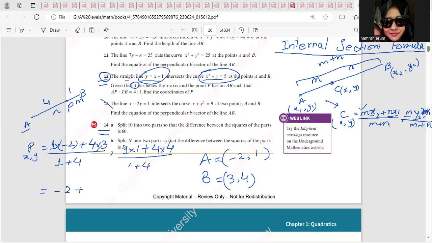Minus 2 plus 4 into 3, 12 over 5, comma, 1 into 1, 1 plus 4 into 4 is 16 over 5. Minus 2 plus 12 is 10 upon 5, comma, 1 plus 16, 17 over 5.